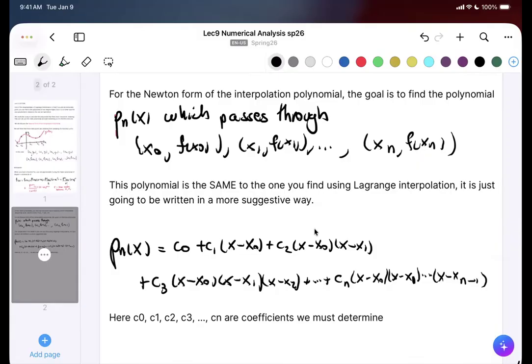So here, instead of having x minus x0 squared, x minus x0 cubed, we are splitting it up into products of factors. So I'll do x minus x0 times x minus x1, then x minus x0 times x minus x1 times x minus x2. And you see in the next step, you just add one extra factor involving one of the other points that you were given.